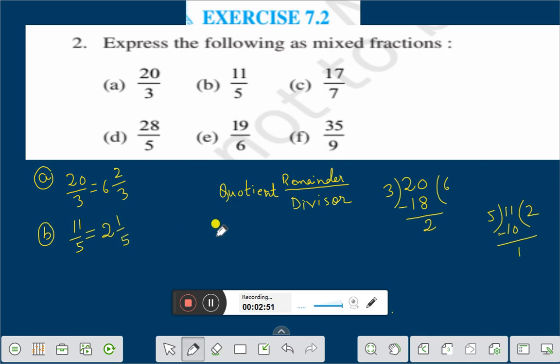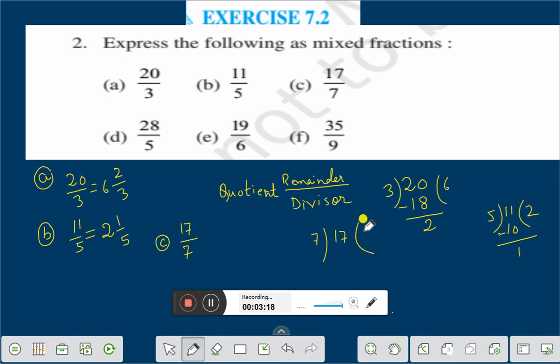Right? Now question number C is 17 by 7. That means we have to divide 17 by 7. We are dividing this number by 7.